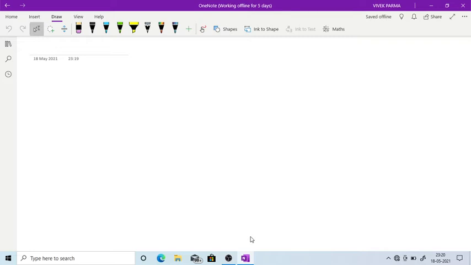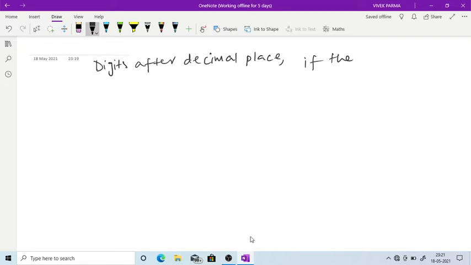So we will see the digits after the decimal place, if the decimal expansion is terminating in nature, right?